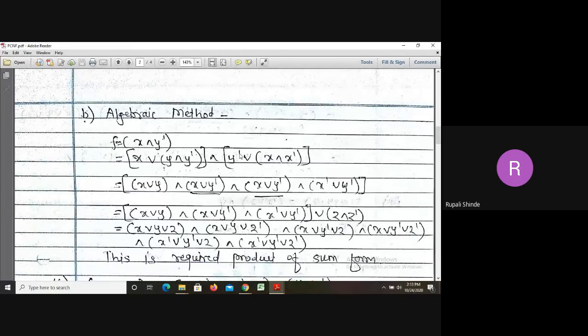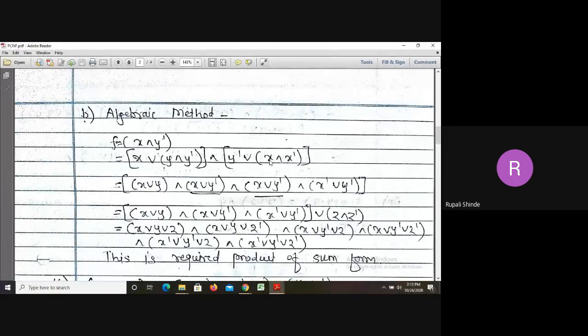Now y's complement. For this y's complement, again two variables are missing, x and z. Out of these two variables, I have added here first variable as x. So y's complement OR x and x complement. Again we have to apply here distributive law. You can write y's complement OR x, but afterwards again you have to write this as x OR y's complement only.